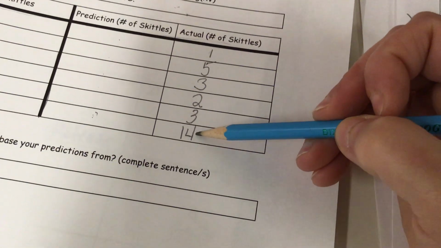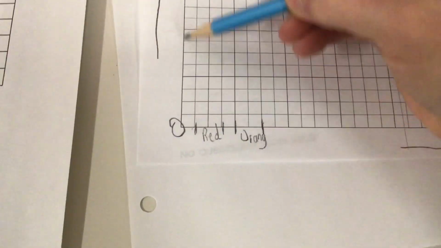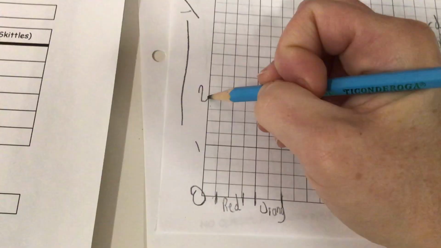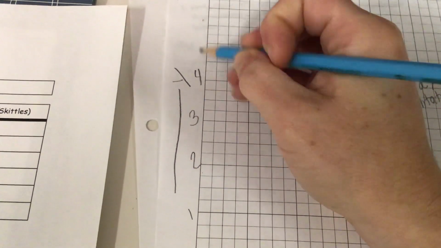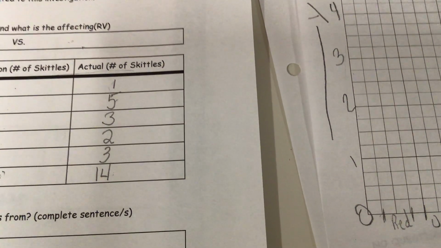We're not going to use the actual total unless you want to graph it, would be 5. So we kind of want to space it out. And then I would graph my actual data only. You're going to graph your actual data only.